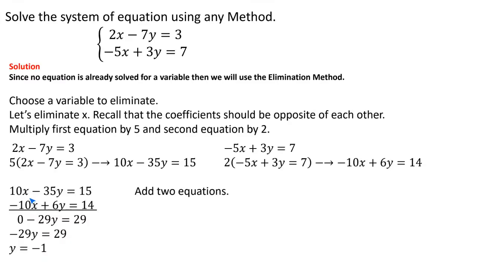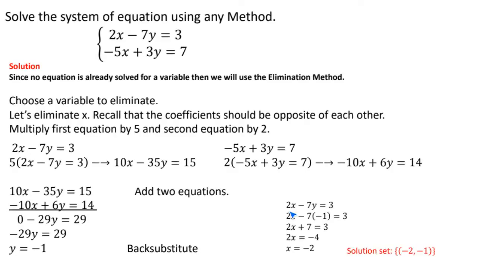So we're going to add both equations. So 10x minus 10x is 0, negative 35y plus 6y is negative 29y, and 15 plus 14 is 29. And so if we divide by negative 29, we get y equals negative 1. Just remember, when you're multiplying, you have to go across the entire equation.